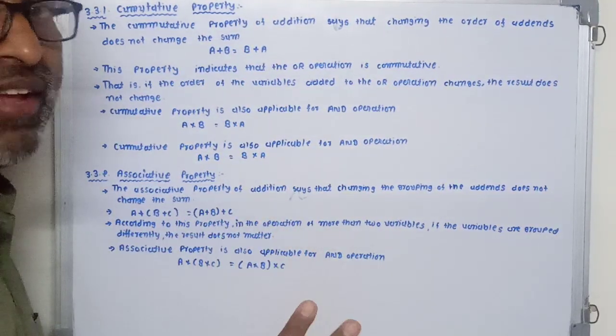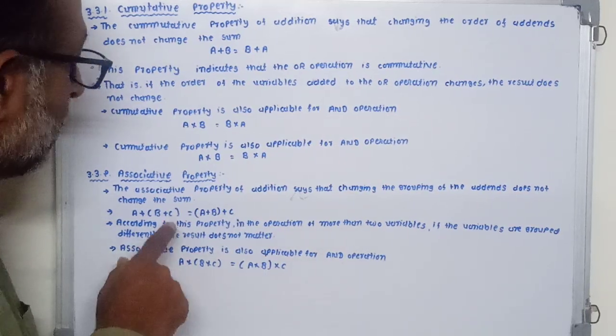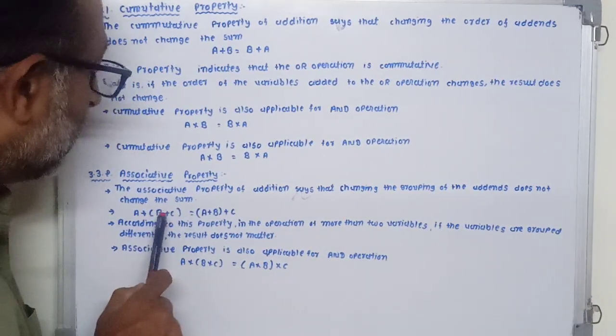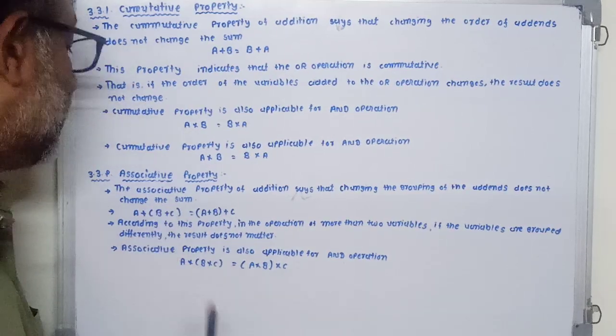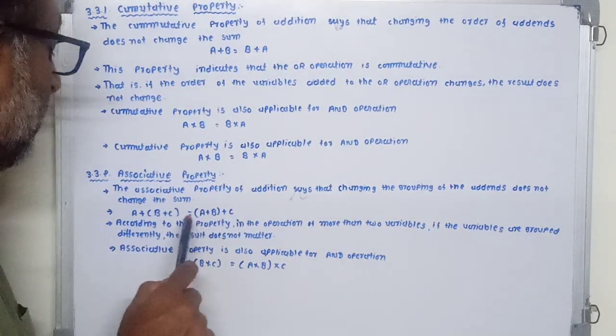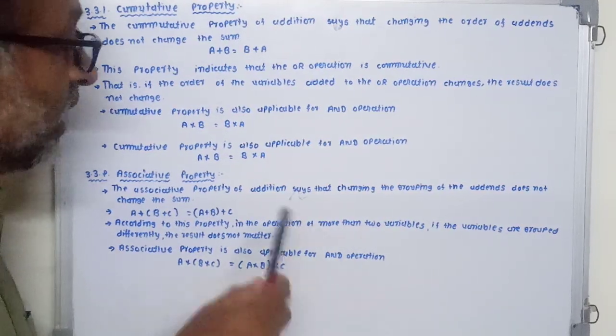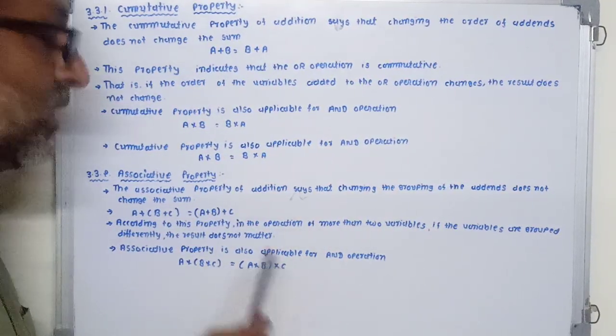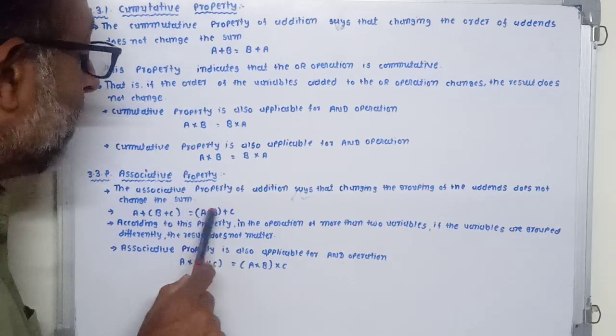There are three variables, A, B and C, but the grouping consists of the B and C variables. Now we can also write the same thing by changing the grouping. So now the group is changed to A plus B.